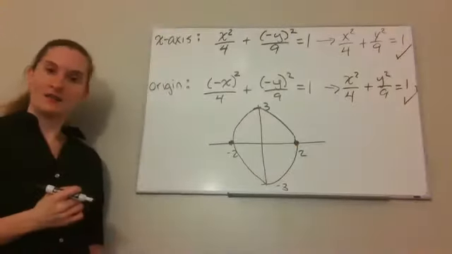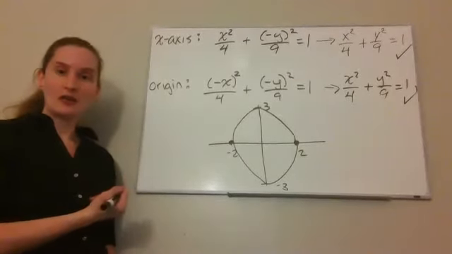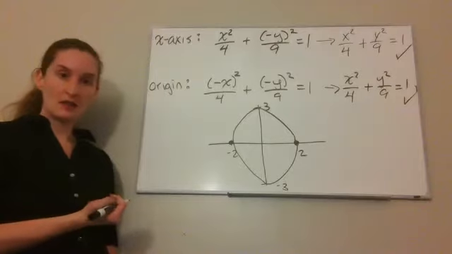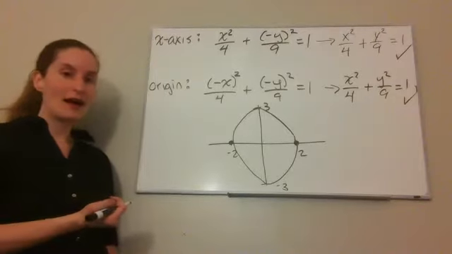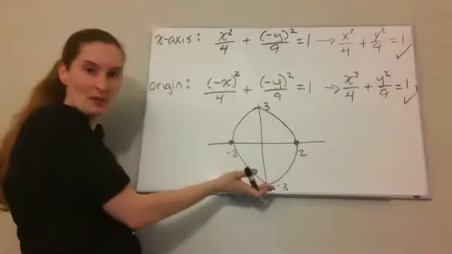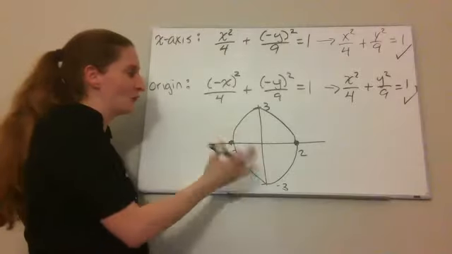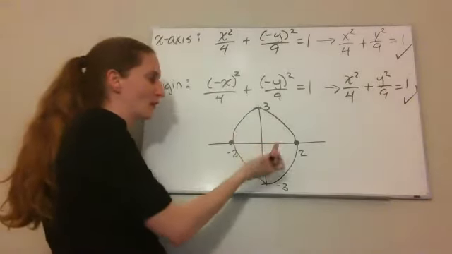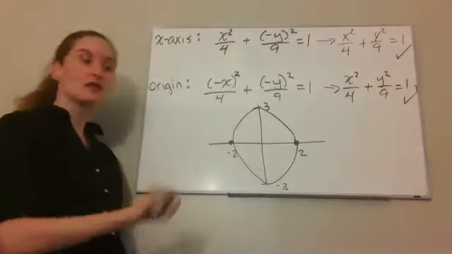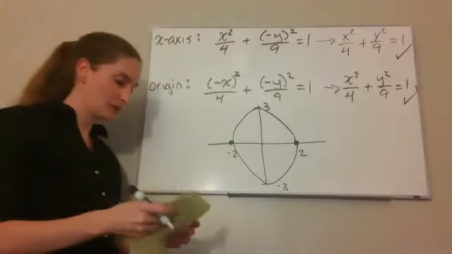My drawing's pretty bad, but if you look on your calculator or a graphing utility, you'll see it's symmetric with respect to the y-axis. It's the same on both sides, the same top and bottom. That's symmetric with respect to the x-axis. And if you do both flips, flip it across the y and across the x, it's still going to look exactly the same. That's symmetric with respect to the origin.